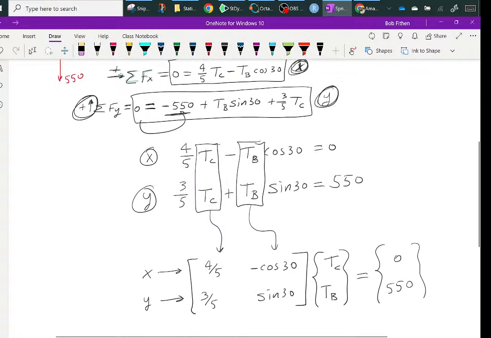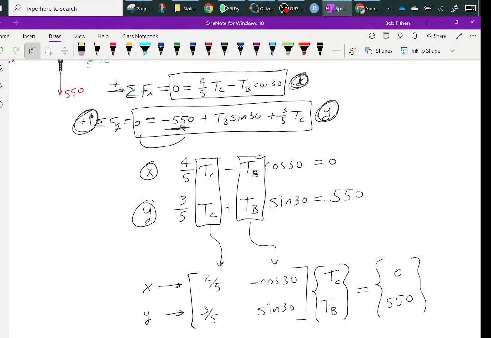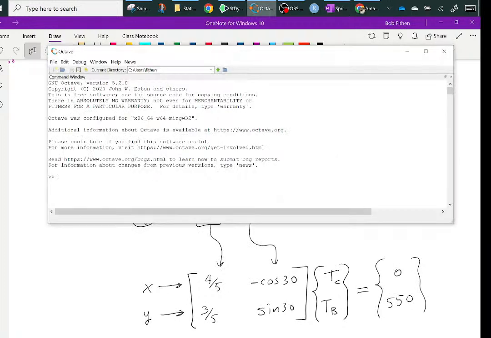So let me just go ahead and solve this. I'll leave it low so I can grab my Octave out of here. I'll do the left-hand side, call it a matrix K. It's equal to 4/5, minus cosine degree of 30. And then I'll hit the semicolon to give me a new row: 3/5 and sine of degree 30.